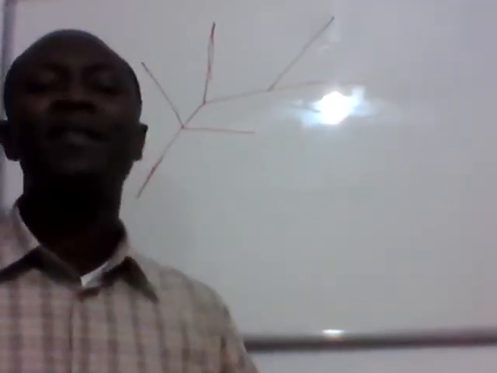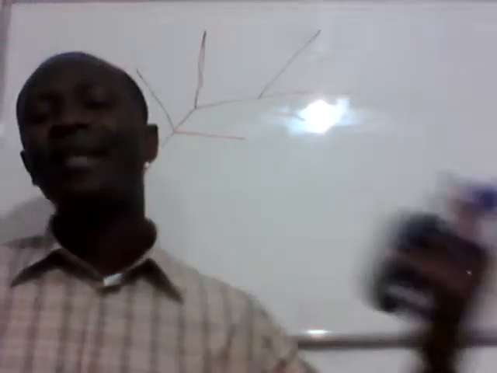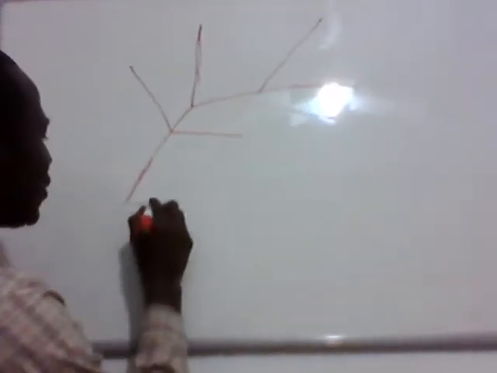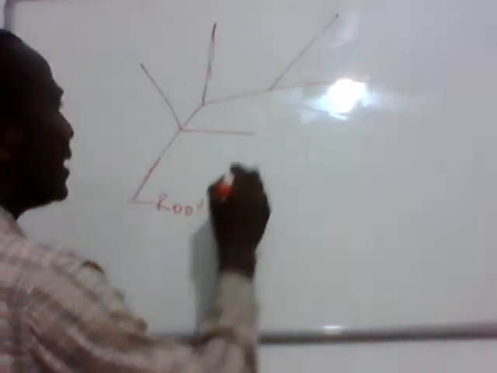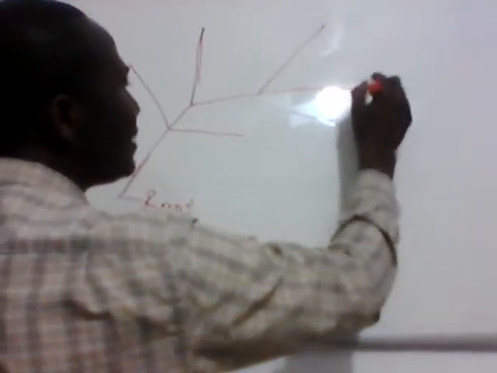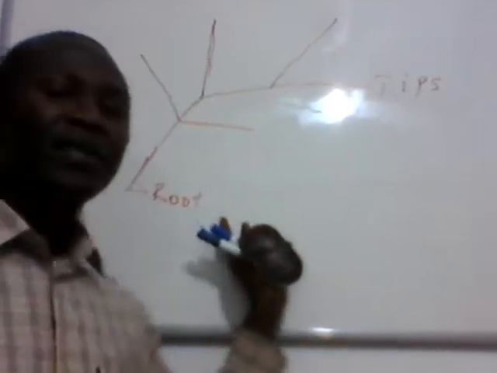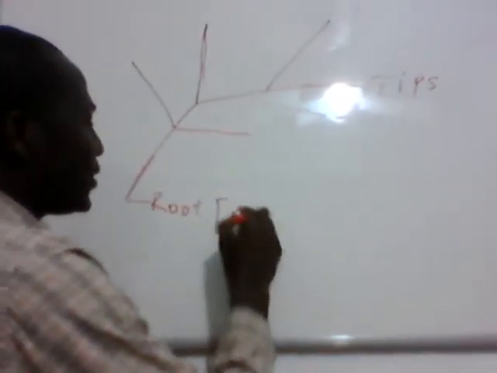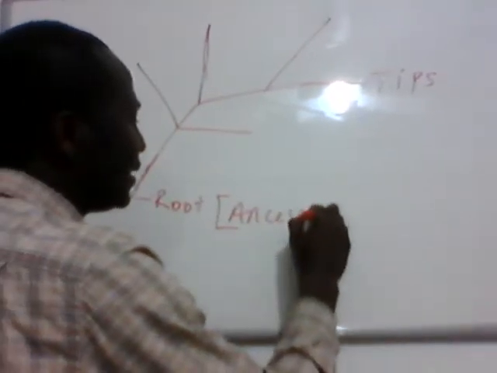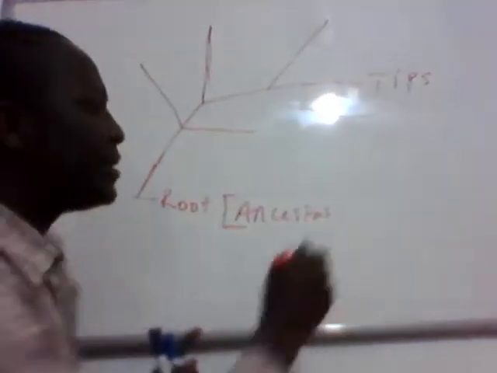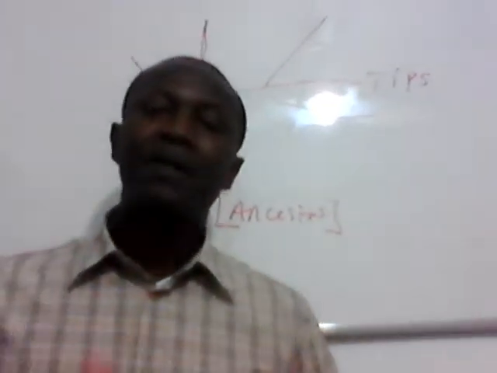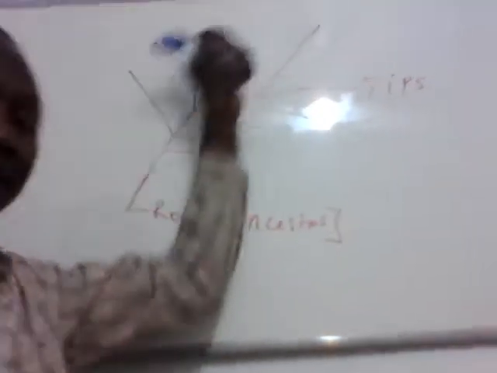Now this phylogenetic tree has its own basic concepts. When you look at the tree, here we call the root, and each of these things we call tips. The root of the tree represents the ancestor, the ancestral species, that is the founder of all these lineages.